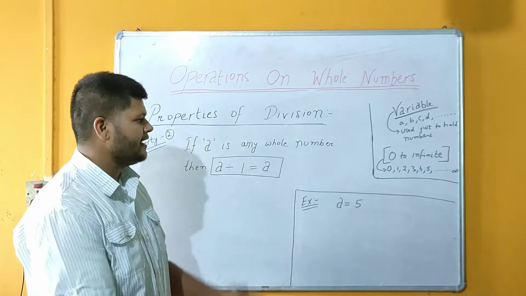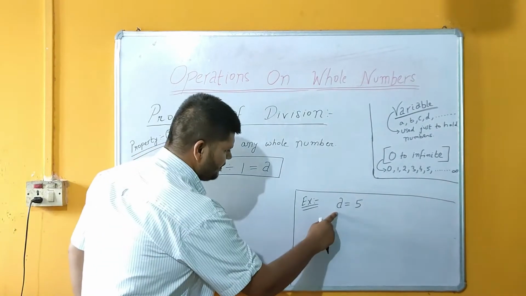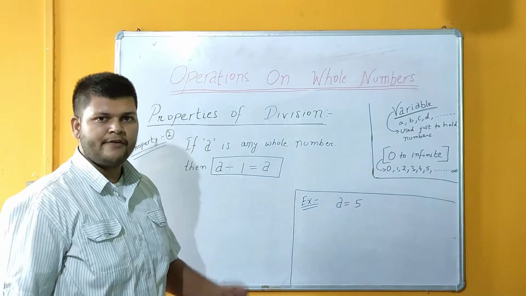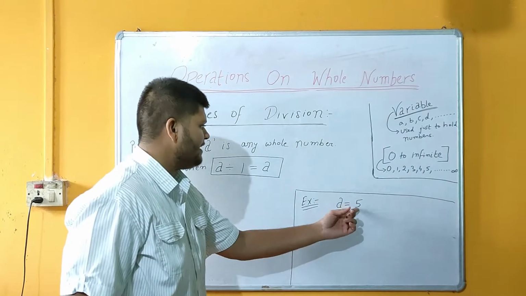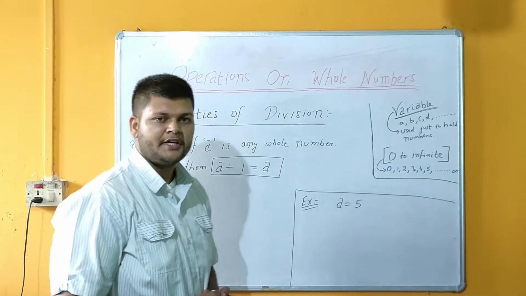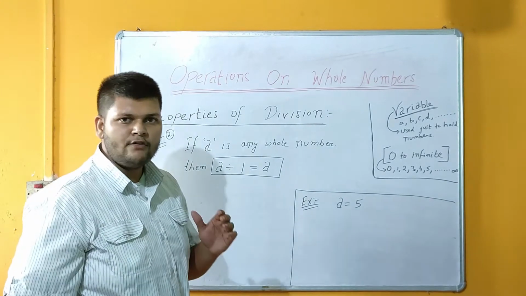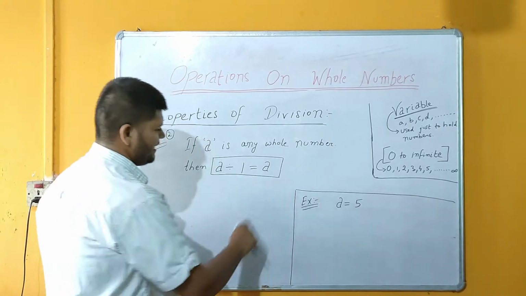So within this range the value for A will be decided. For example, I have picked up the value A equal to 5. This 5 is lying within this range. Yes. Once we have decided the value for A, we are responsible for executing this second statement.